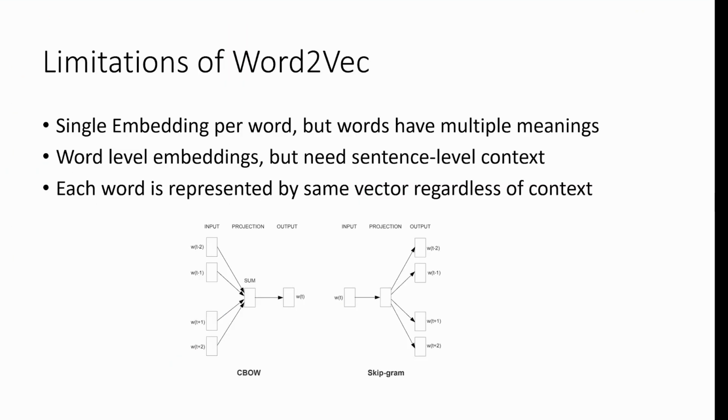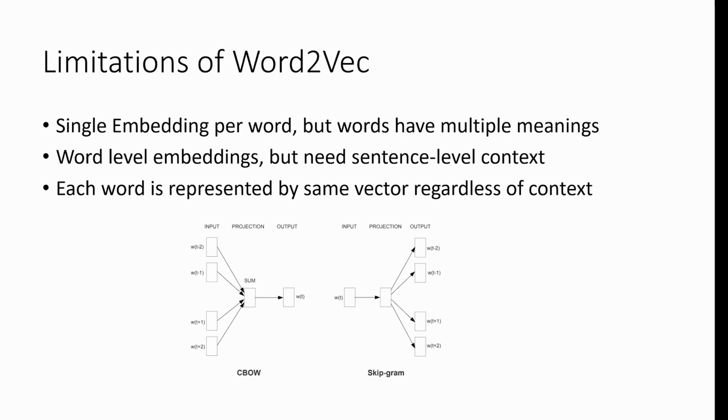So the limitations of Word2Vec, the first neural networks that created embeddings, were, for one, it created a single embedding per word, but we know some words have multiple meanings. We call these words homographs.